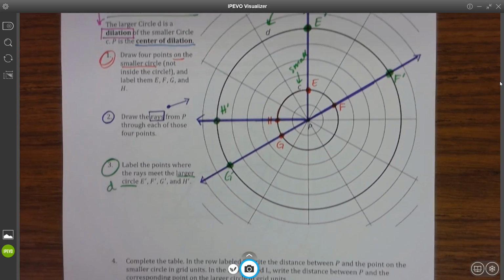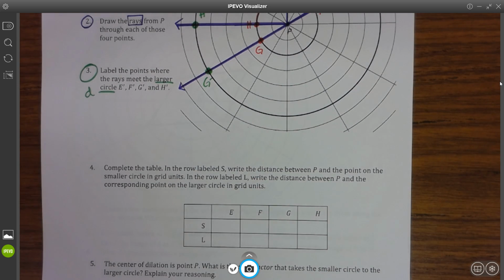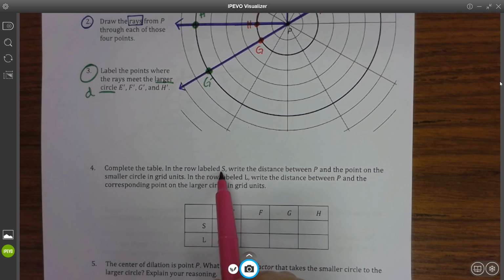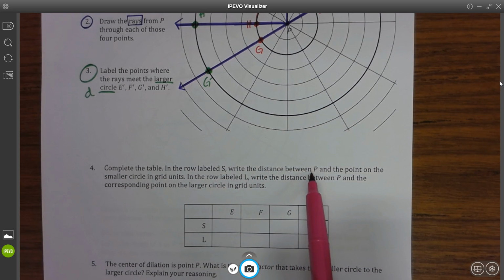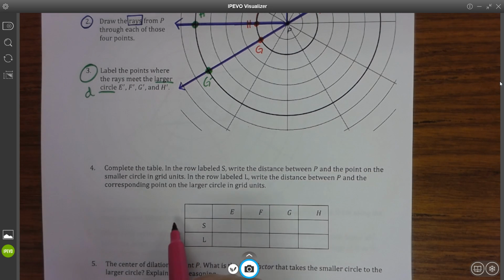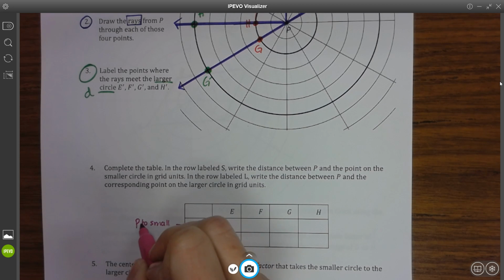Okay, let's take a peek at number 4. It says complete the table. In the row labeled S, write the distance between P and the point on the smaller circle. So S is the distance from P to the small circle.